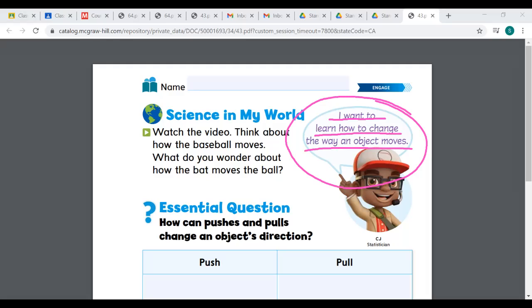Well, you can give a push or a pull to an object to make it change direction. Remember, a push will move it away from you, and a pull will move it towards you. So why would a statistician be interested in how objects change direction? Well, he'd be interested in measuring how much an object changed direction or the object's speed. So the measurements could be analyzed to improve a design.